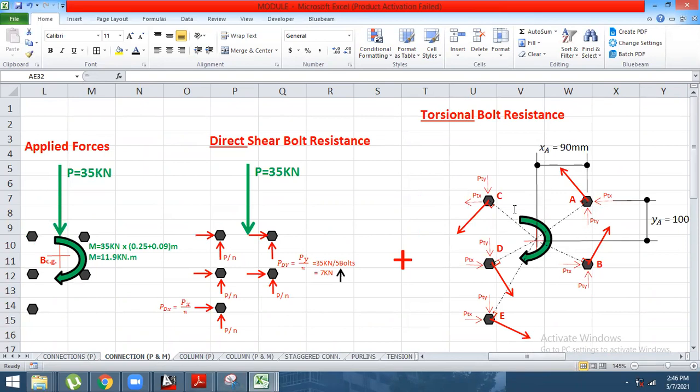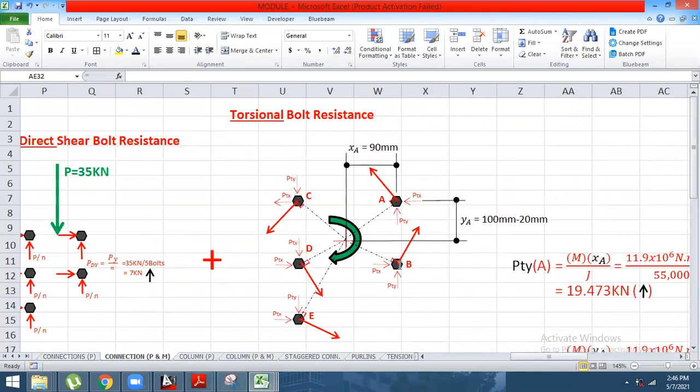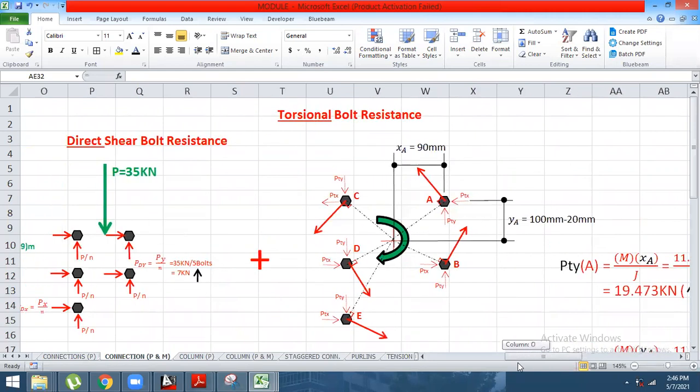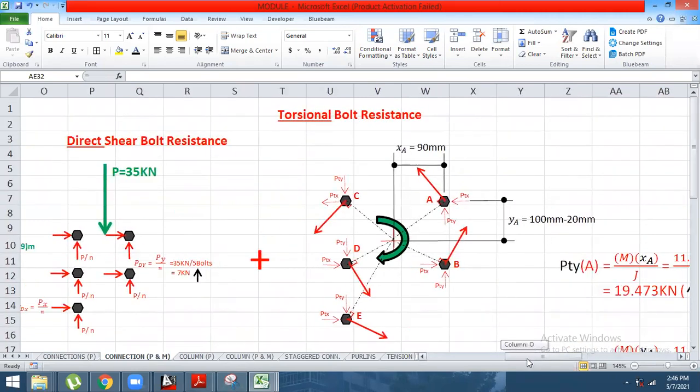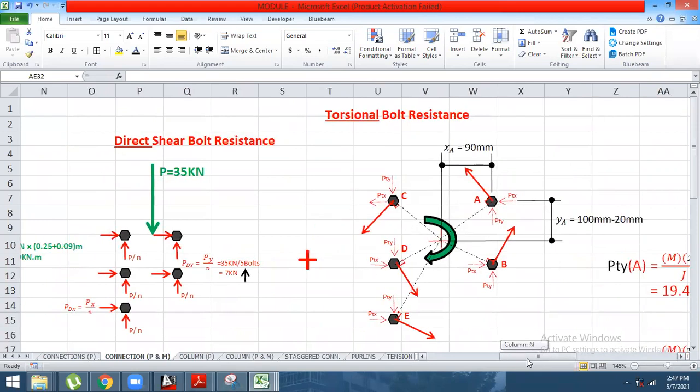We will look at the arrangement of the force resisted due to torsional, which also has resistance going right and upward, which is also bolt B. Through that, we could assume that bolt B could be the most critical bolt if the forces are summative.